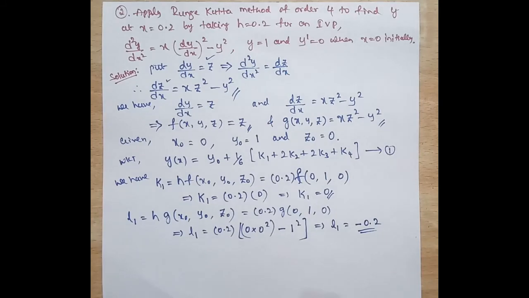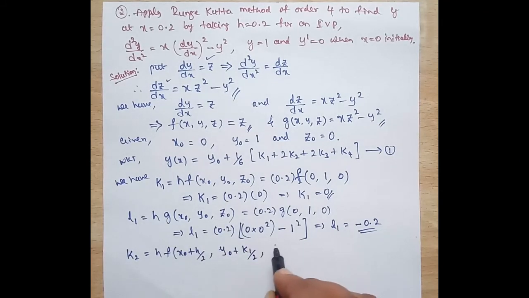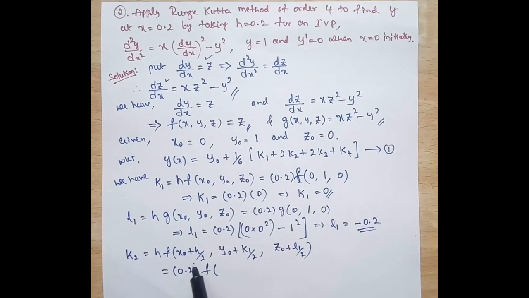So once you find K1, L1, now start finding K2. The K2 formula is h into f of x naught plus h by 2, comma y naught plus K1 by 2, comma z naught plus L1 by 2. Now this is equal to h is 0.2 into f of x naught plus h by 2.